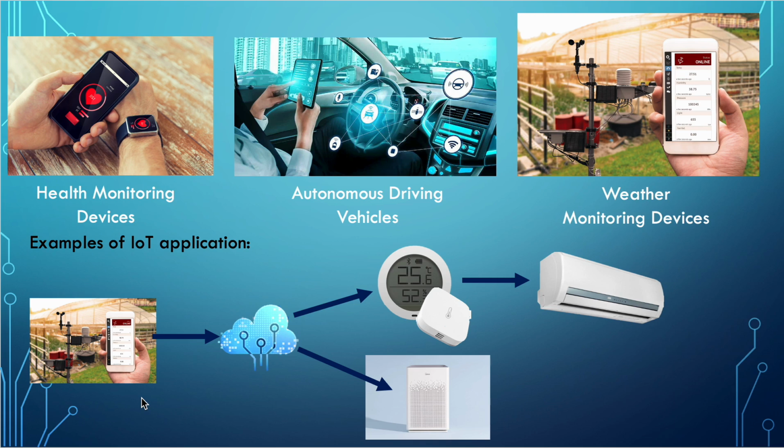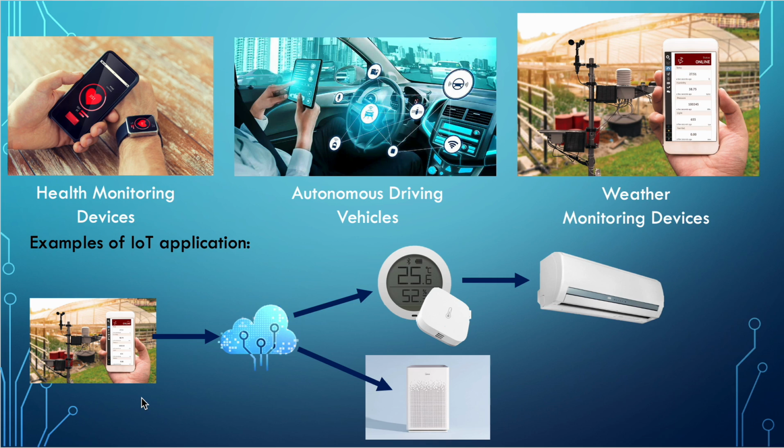This is a simple example of how one IoT device with sensors collects data, and through the internet and use of cloud computing in some instances to process that data, can send the needed data into other IoT devices to get a positive outcome.